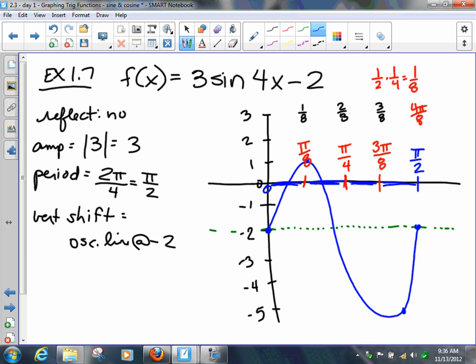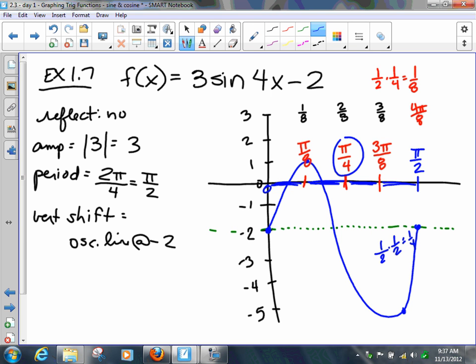So I want to take 1/2 of 1/2. 1/2 of 1/2 is 1/4, which is what gave me this right here. What's 1/2 of 1/4? 1/8. That gave me that. And then I realized that I'm going 1/8, 2/8, 3/8, 4/8.